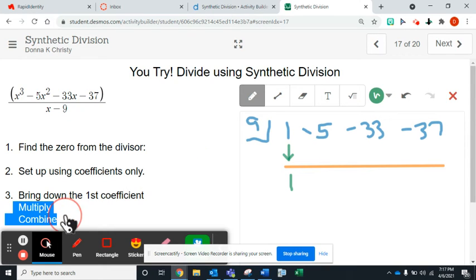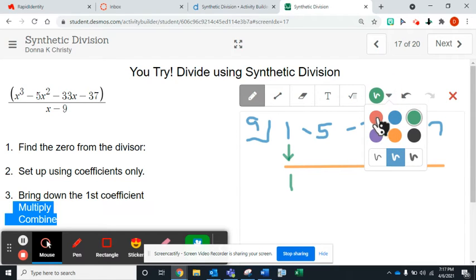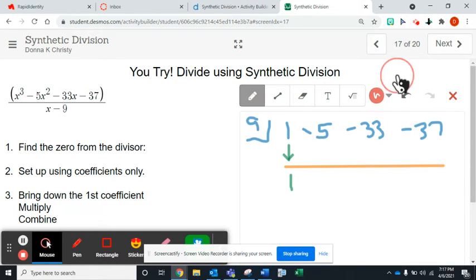Then we're going to multiply and combine. This is the process over and over and over. So we're going to say 9 times 1 equals 9. Combine those. We're going to get 4. All right, repeat.